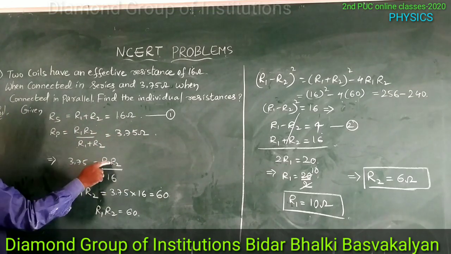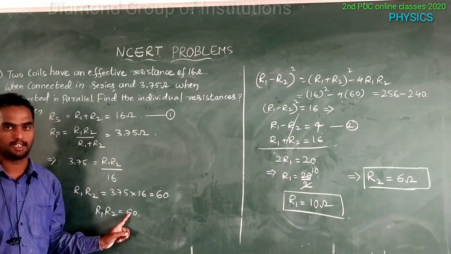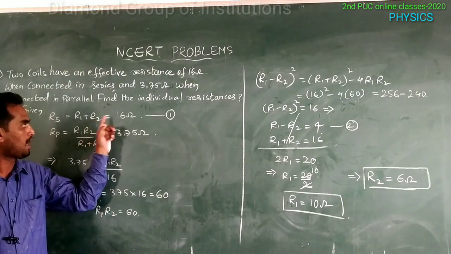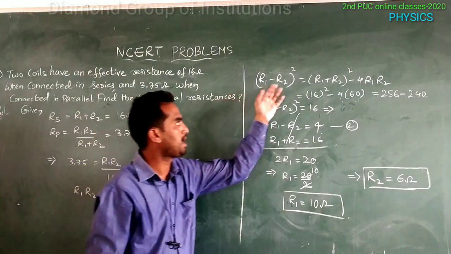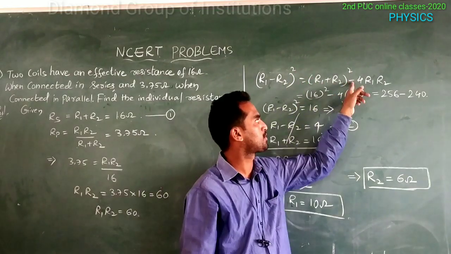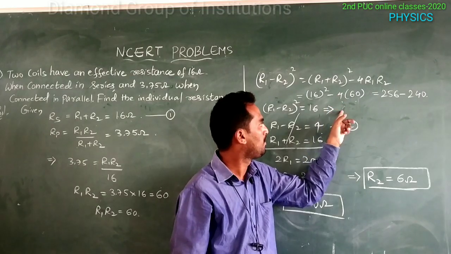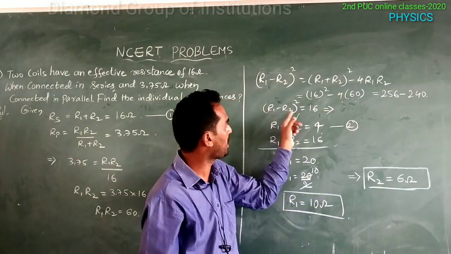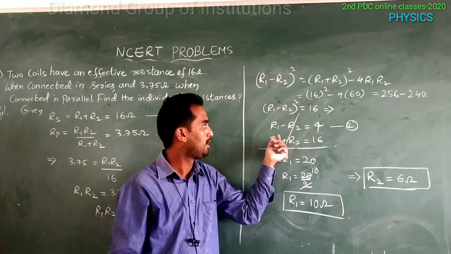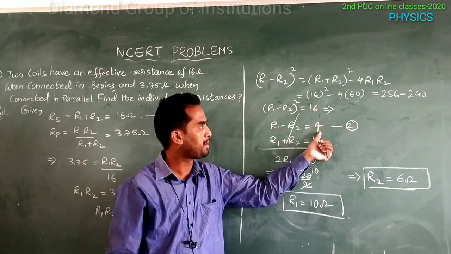So after substituting the values, we got R1 into R2 value as 60. R1 plus R2 is 16. So using A minus B whole square equal to A plus B whole square minus 4 into AB, applying the values, we get the value as 16. What is that 16 value? R1 minus R2 whole square. R1 minus R2 becomes root 16, which is 4.